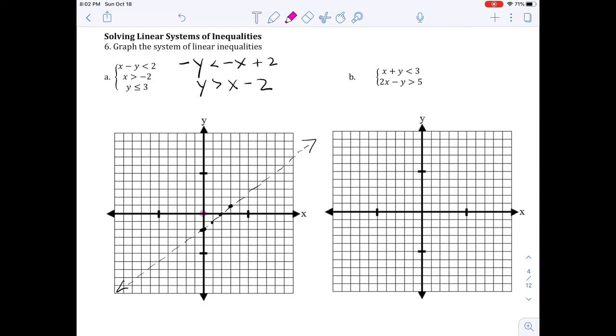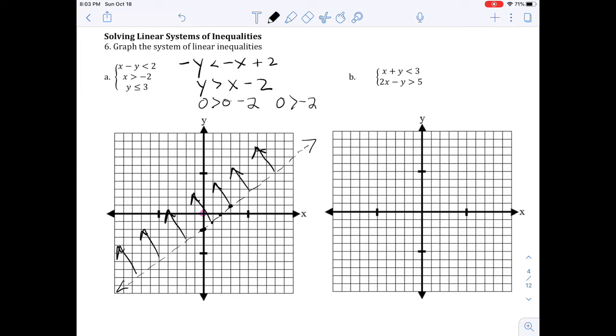And so I'm going to plug in 0 greater than 0 minus 2. 0 is greater than negative 2. That is true. And so all of the points that lie in that region will be solutions. I usually do arrows to point that the first set of solutions will fall on that side of the line.